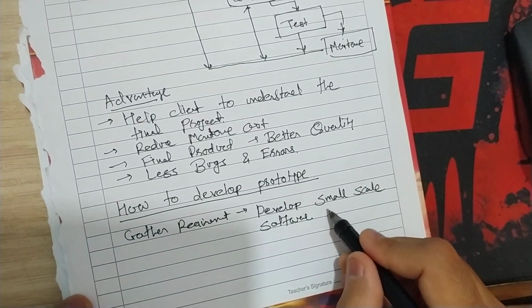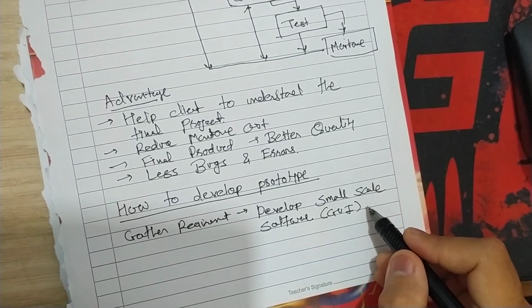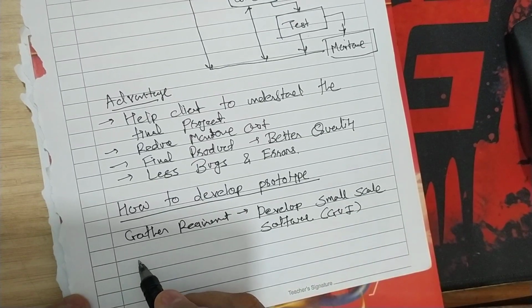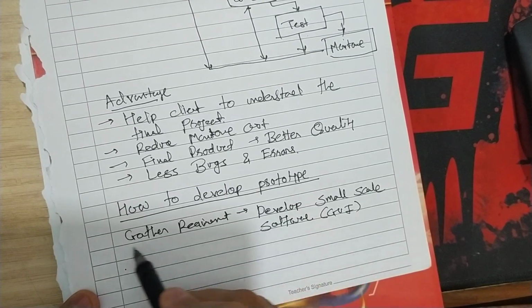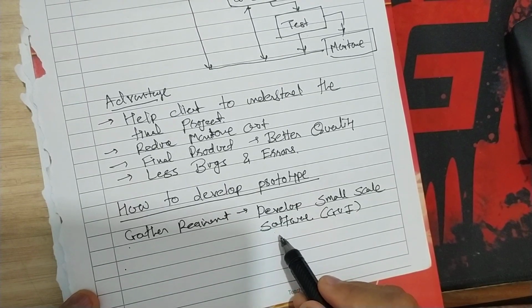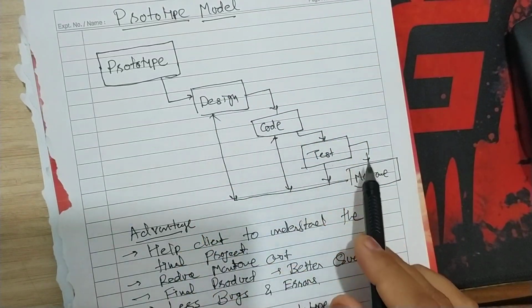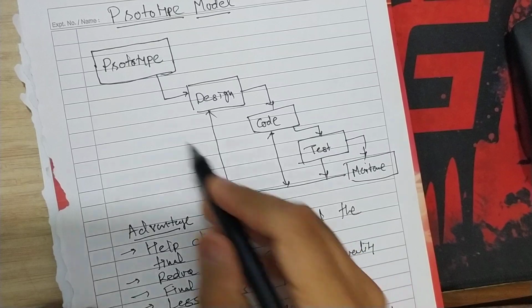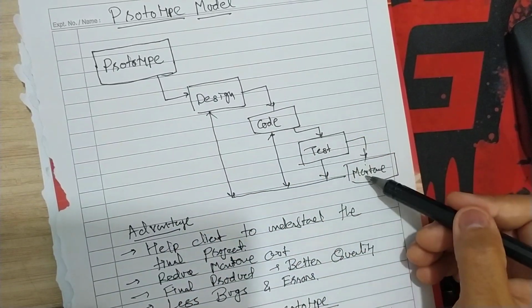Generally, a prototype is a GUI-like program, so it will make the client understand what the final project will be. So this is how the software is developed, and then all the waterfall model steps are followed one by one. If your prototype is okay, then we will design the software, then code, test, and maintain.